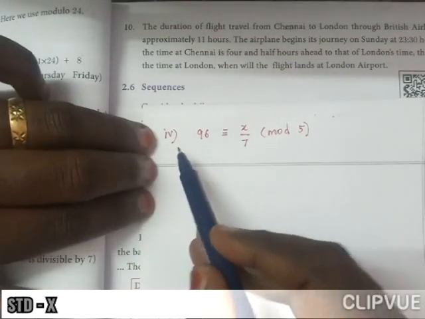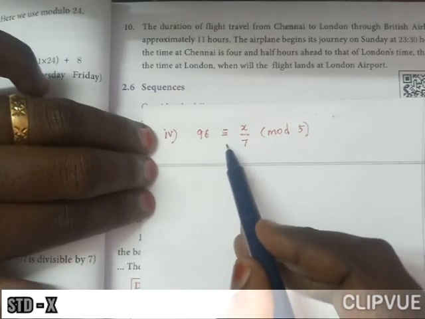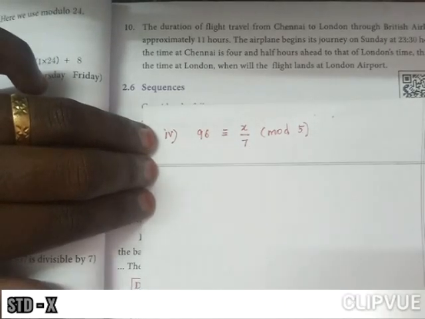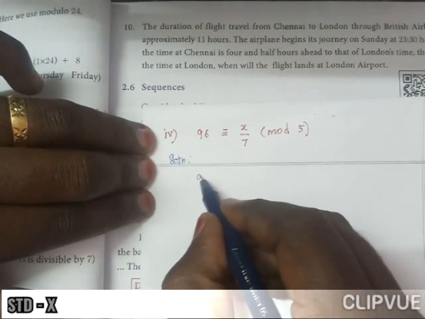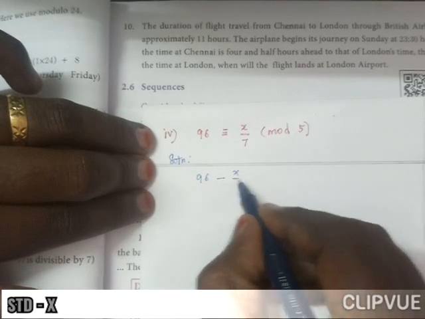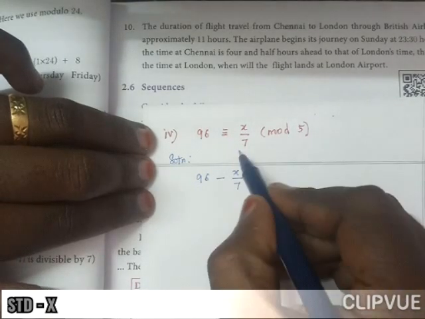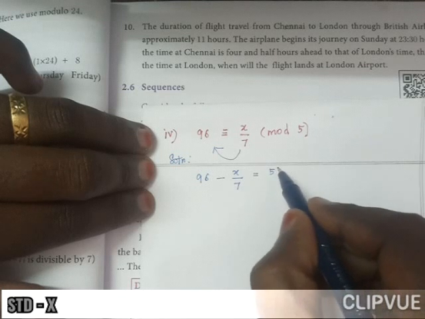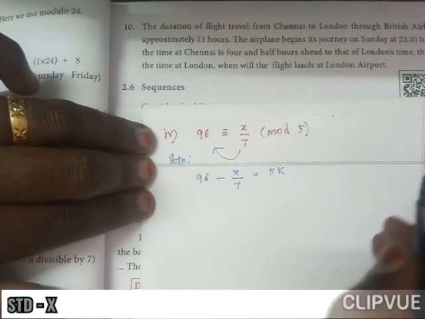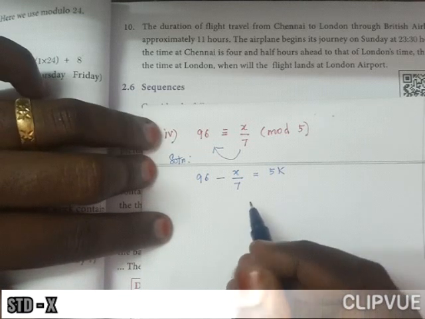First question, fourth subdivision. 96 congruent to x by 7 mod 5. As usual, first 96 minus x by 7. The plus x by 7 becomes minus x by 7, which is equal to 5k, where k is some integer.